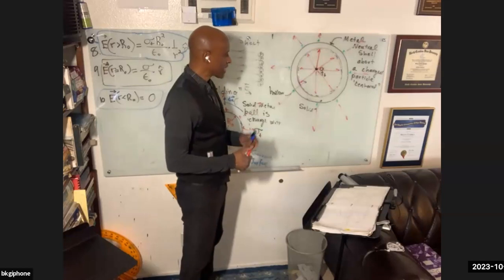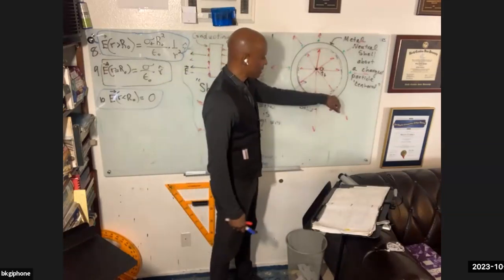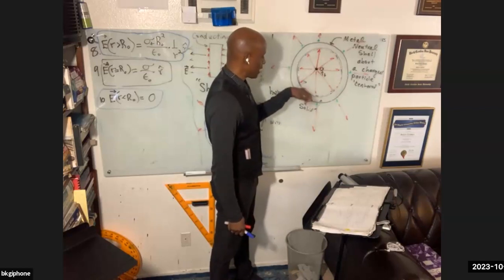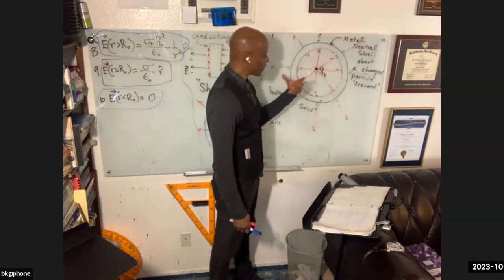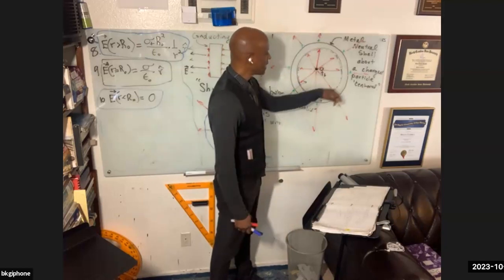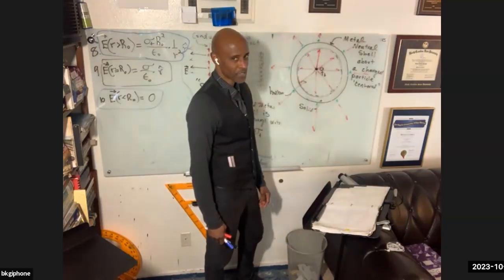So again, when you apply Gauss's law, it's the same as what was on the inside. The total charge is going to be that excess charge there and the charge in the center. So the total charge is zero. So on the inside surface, there is no excess charge.